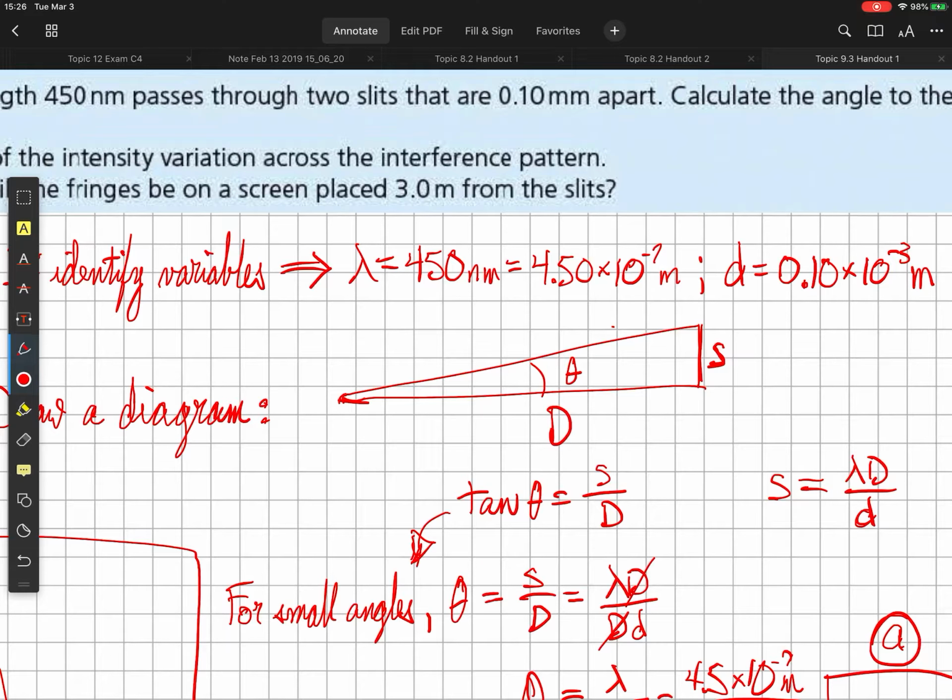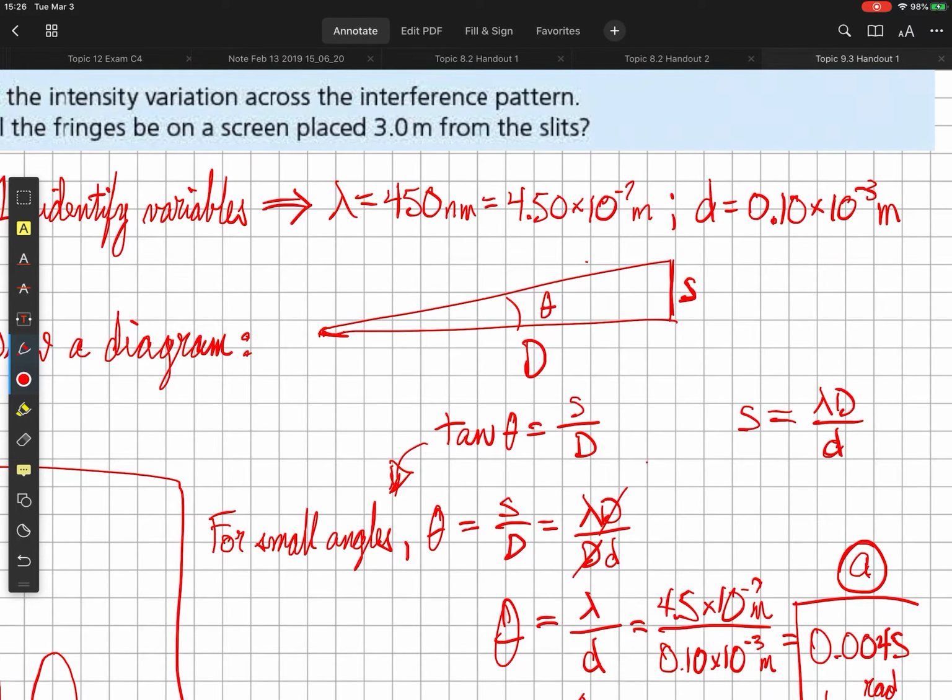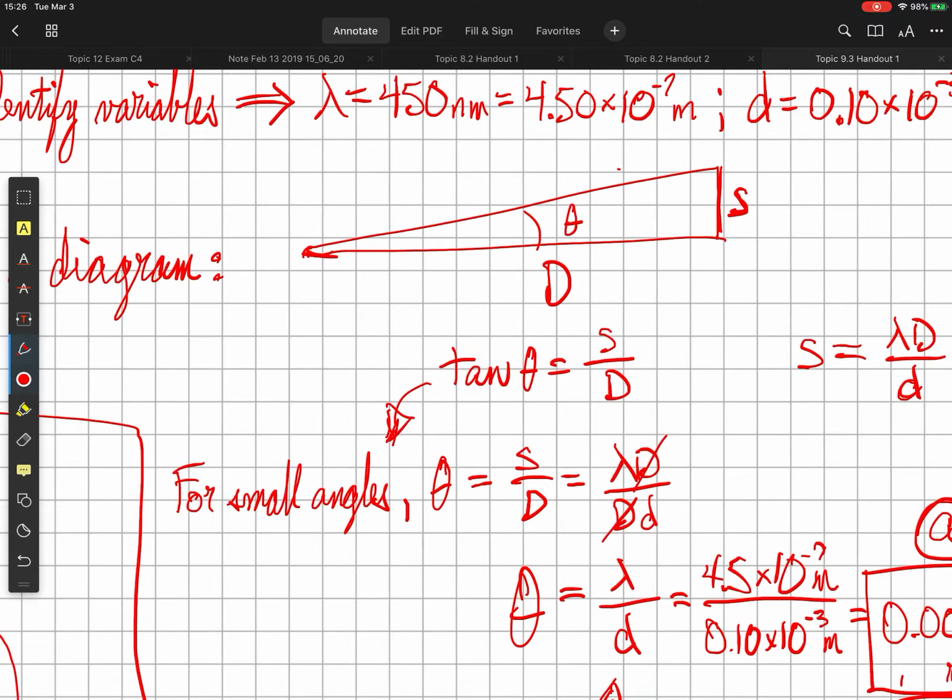And here we can use our small angle approximation. So tangent of theta would be equal to S divided by D. And for small angles, theta is just straight up going to be about equal to S divided by D.